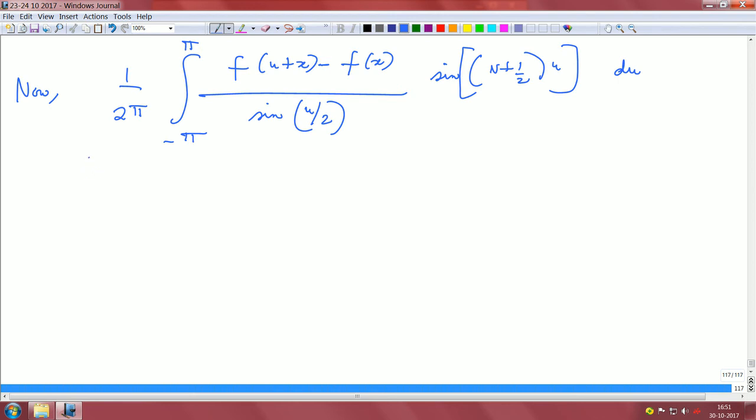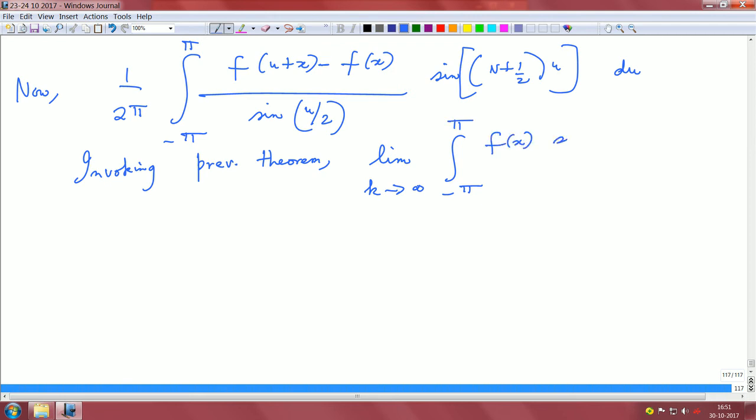Now, invoking the previous theorem, limit k going to infinity of the integral from minus pi to plus pi of f of x sin k x heads to 0 as k goes to infinity, except at u equals 0, pi, minus pi.